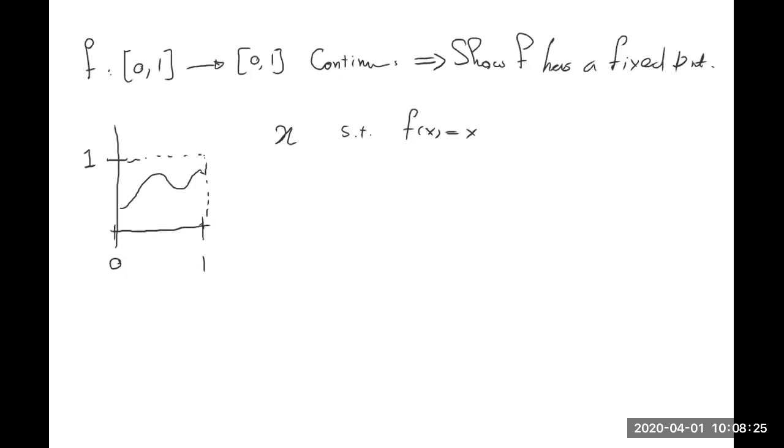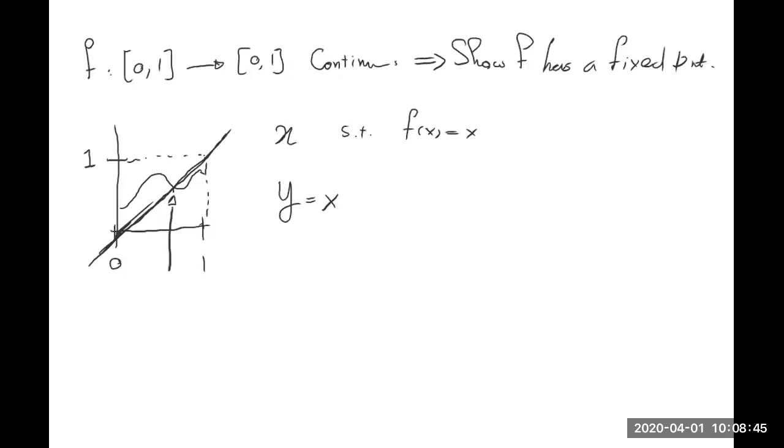So the answer is, if we look at the line y equals x, this line goes through the origin.